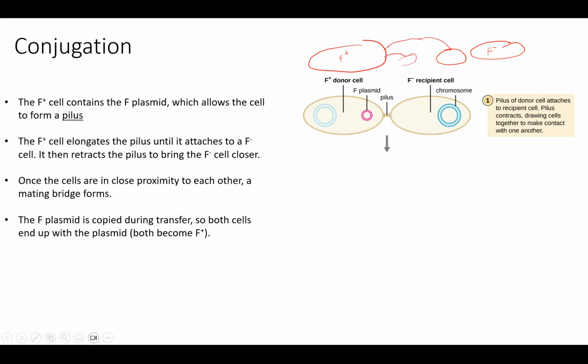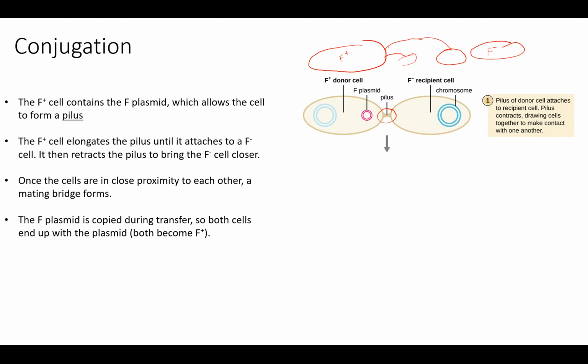Okay, but it's reeling that cell in until it is close enough, like what you see in the picture here. And that's where it's actually going to form a more stable connection that we call a mating bridge between them. Okay. So when the cells are this close right here, y'all, we refer to that as a mating bridge.